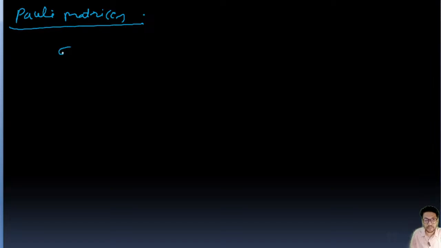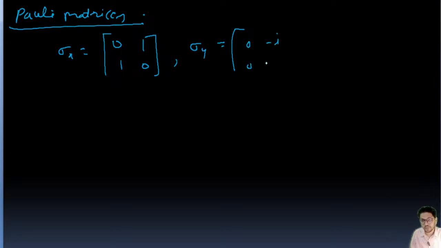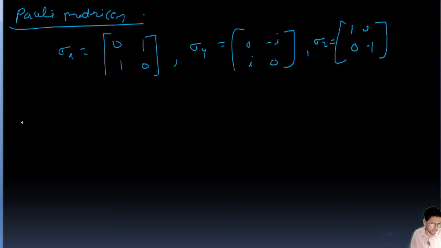Sigma x is 0 1 1 0, and sigma y is 0 minus iota, iota 0, and sigma z is equal to 1 0 0 minus 1.